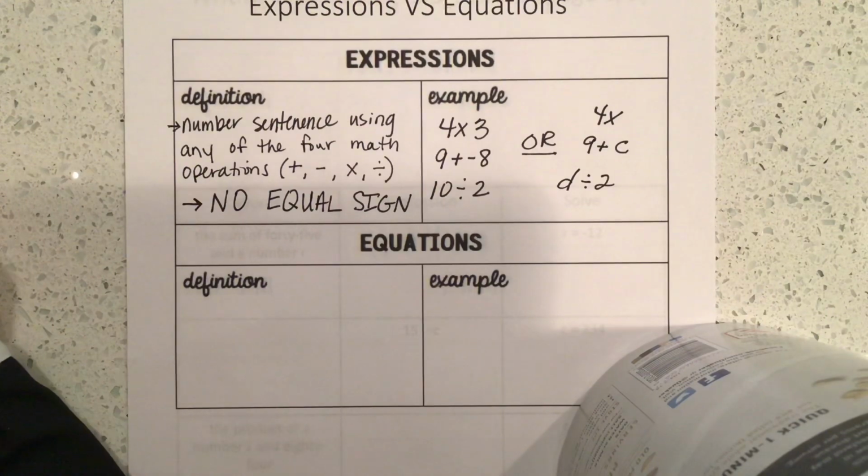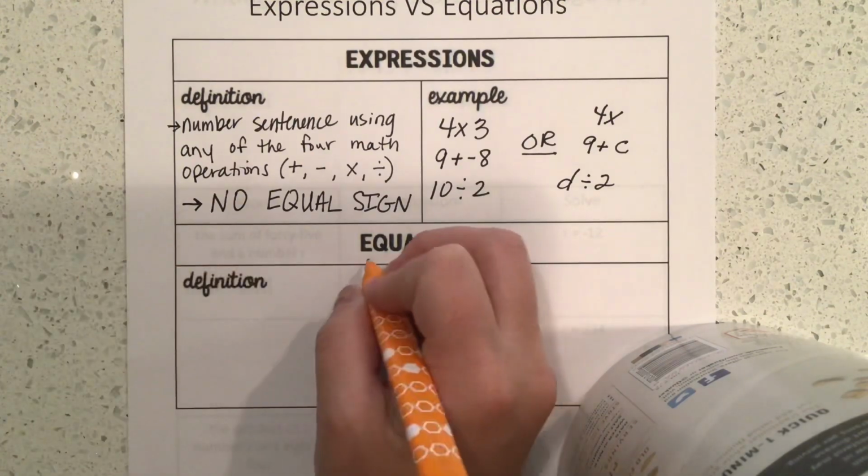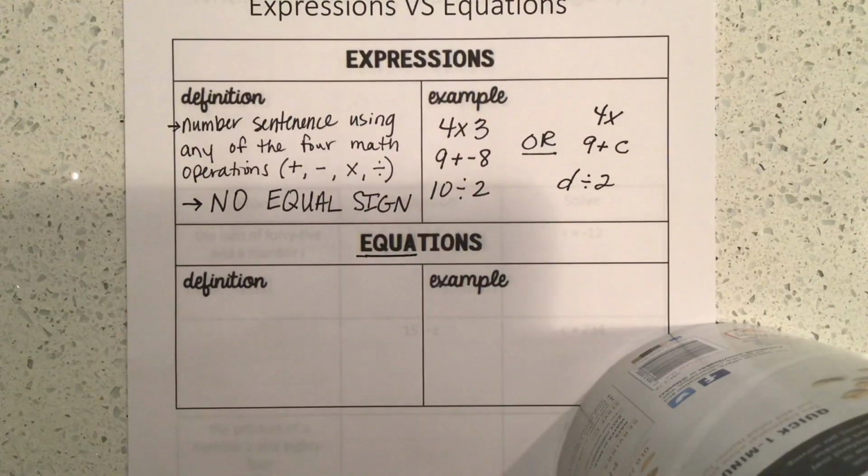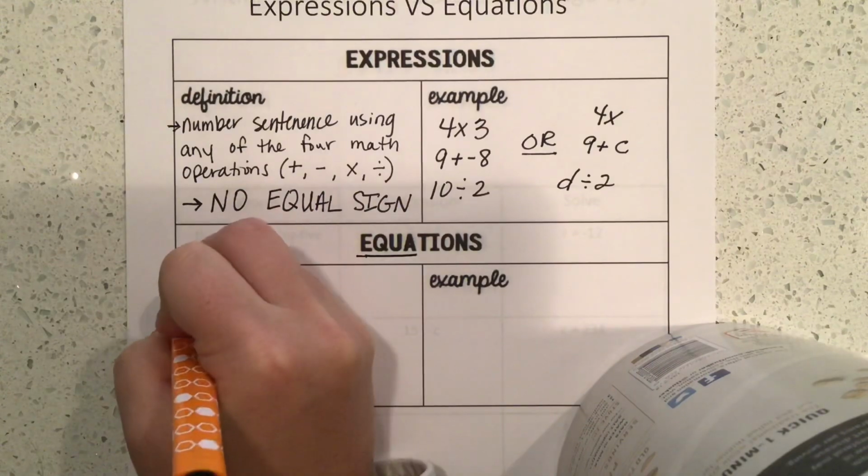Now, when we move on to the difference between an expression and an equation, the most obvious one that's going to pop out and which separates the two is that an equation doesn't have the word equal, but it has something similar to the word equal right there. So this is almost the exact same definition.